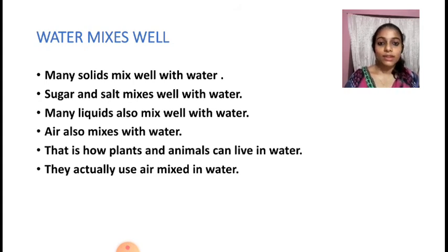So how do they get oxygen, or how do they breathe? The air is mixed in water. So the plants and animals can live in water. They are actually using the air mixed in water. Okay, that is why they can live in water.